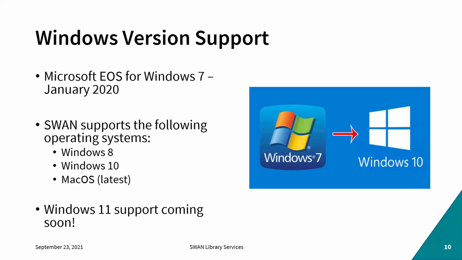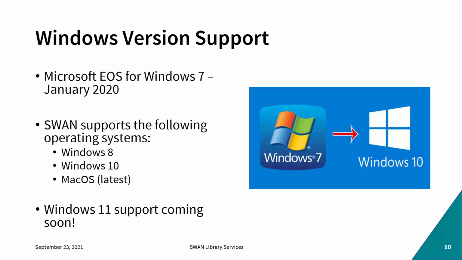And also, when we were doing some reading on the Windows 7 end of support, we found that Microsoft, in many cases, is still offering a free upgrade from Windows 7 to Windows 10, especially if you have some kind of agreement already with Microsoft or with a third-party vendor that's providing your licensing. You might be able to get Windows 10 free of charge, and the upgrade process is not terribly difficult anymore.